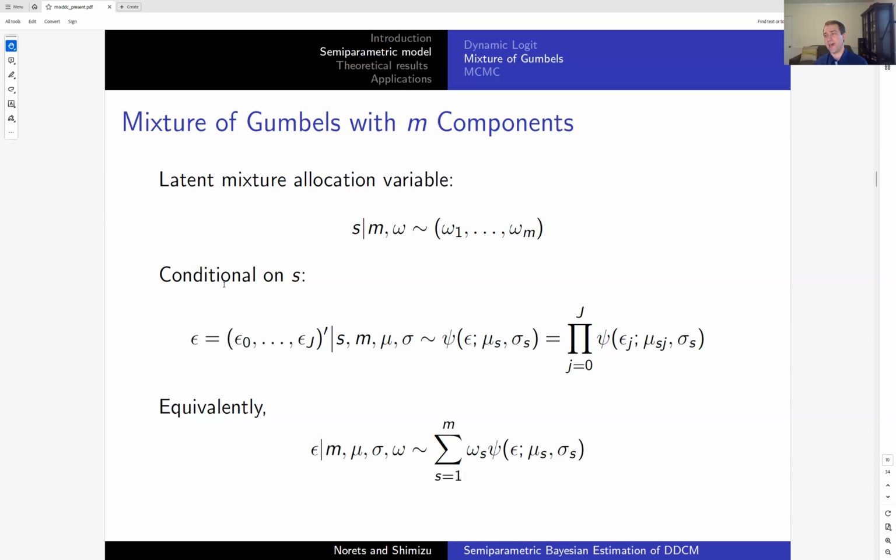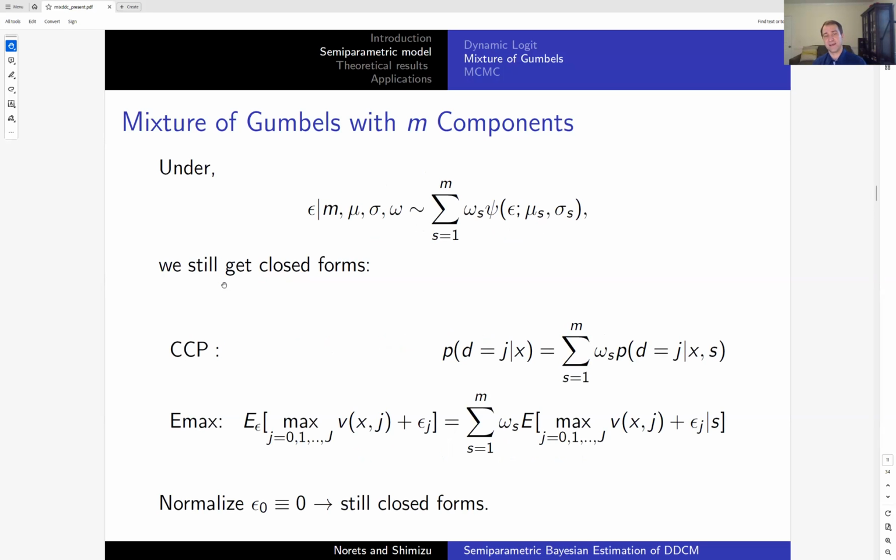But when we condition on x explicitly, it becomes clear that all sorts of expectations we take with respect to mixture models will just be mixtures of expectations. And so, given that, the conditional choice probabilities will now be just mixtures of these multinomial logit-like probabilities. And similarly, the Emax function is just going to be a mixture of these Emaxes for the dynamic logit case.